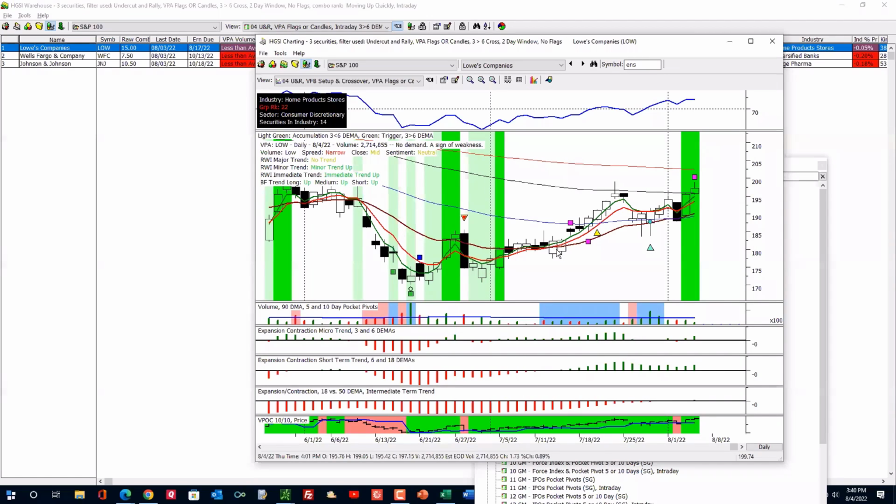Even though there were no accumulation flags here, and that's because the 3 is above the 6. These appear only when the 3 is below the 6. Up here, there's no need for them, because the 3 is above the 6. But you can tell that here's an accumulation day, here's another one, another one, another one, here's another one on a low volume test, another one, and then kind of a shooting star here. You have to know your candles too, what they tell you.